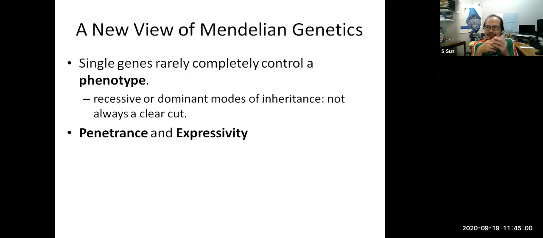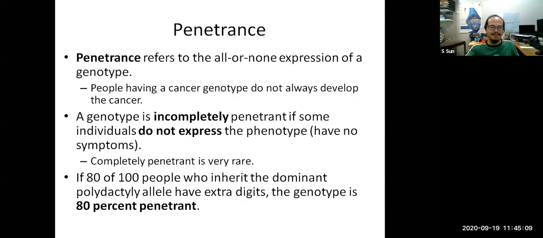You have the gene to express the bad protein, but that gene might not be expressed. So penetrance makes Mendel's law not work, because we thought that if both parents have the dominant gene, the kids will have it, but it turns out they probably won't.